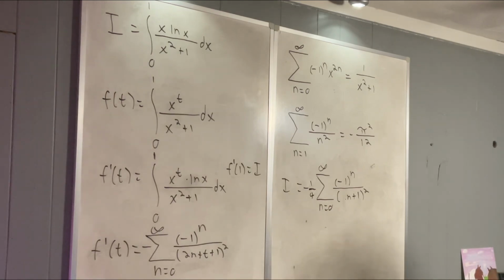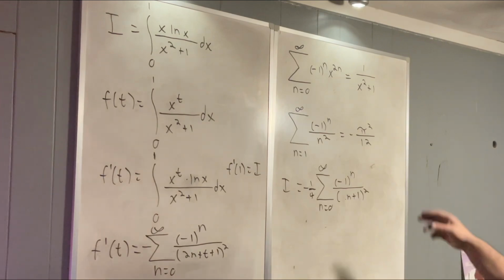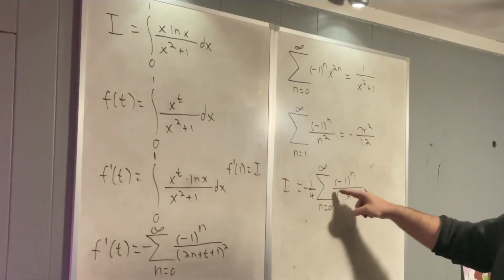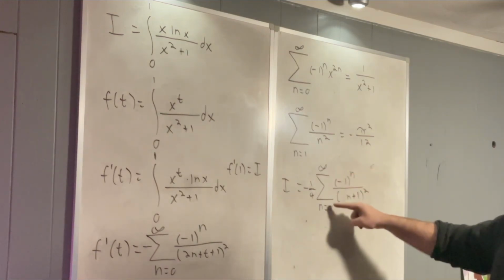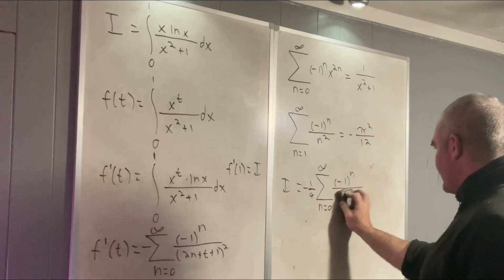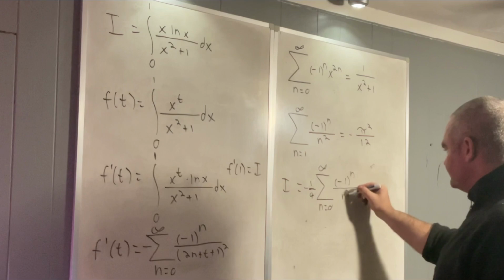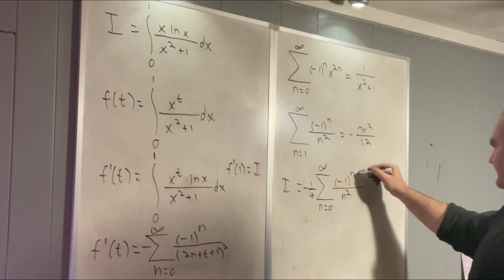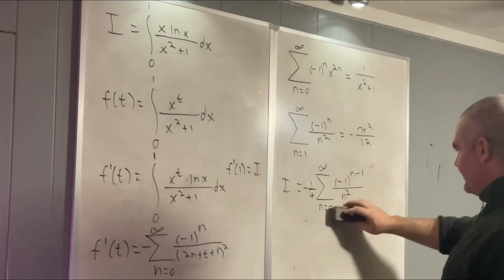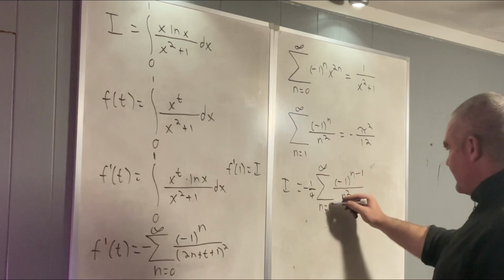All right, and then we know by the rules of sums that we can subtract 1 from all our n values inside the sum as long as we add 1 to the index. So we'll do that. This will become an n squared. This will become to the power n minus 1. This index will become 1.